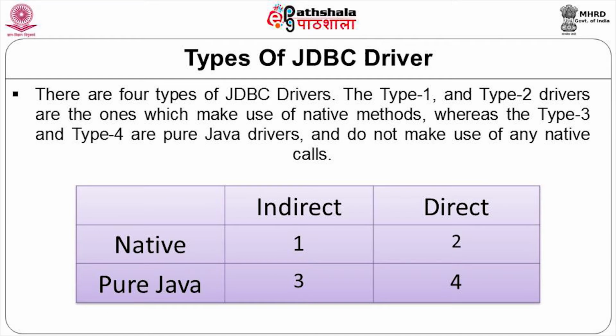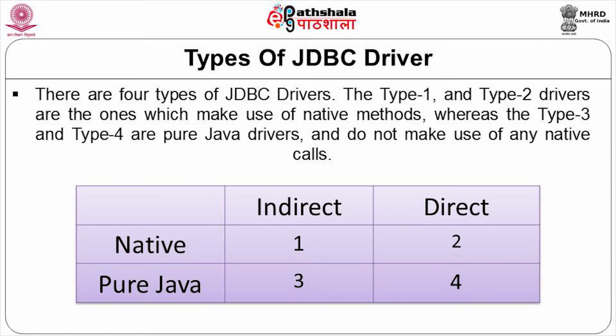So based on this, there were 4 types of drivers. Type 1 is where the driver uses native as well as is indirect. If it is indirect and using native, it is a type 1 driver. The JDBC-ODBC bridge falls in that category, which is the type 1 driver.